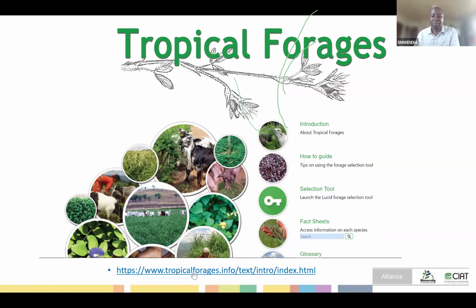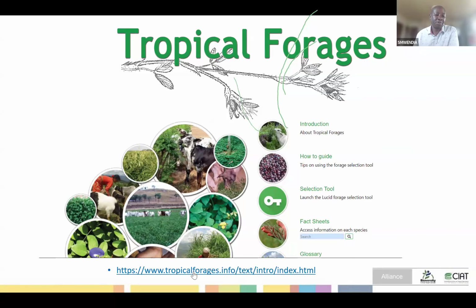I've just clicked that link and I wanted to show you it has a number of options here, but I want to just click on the fact sheet, and from A to Z, where you see highlighted green, it means there are a number of forages that start with those letters.